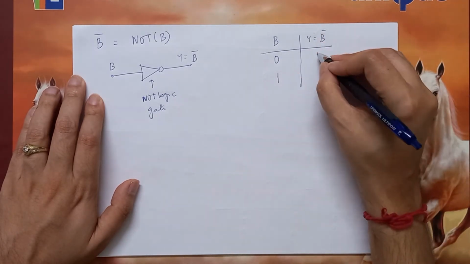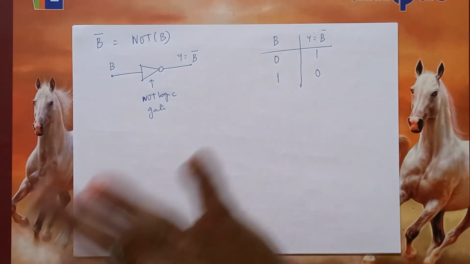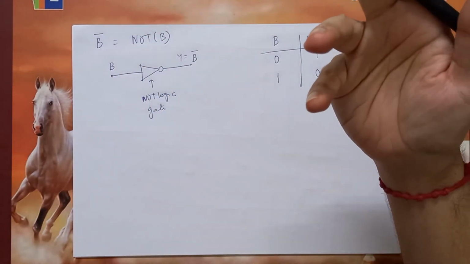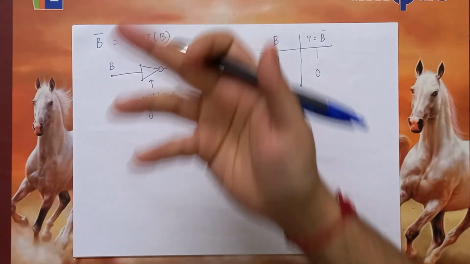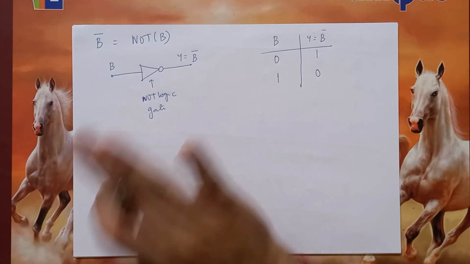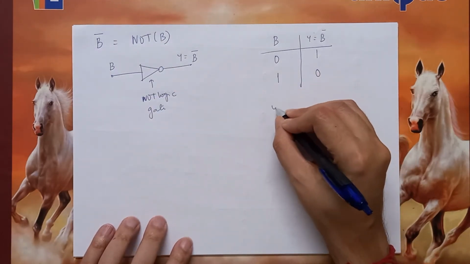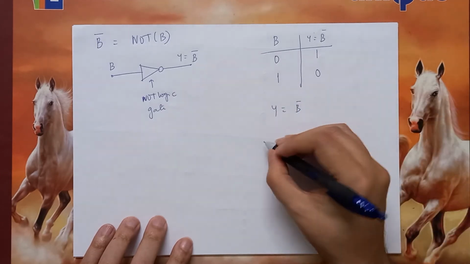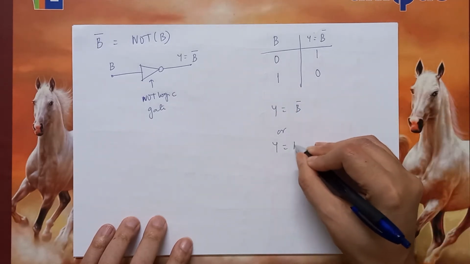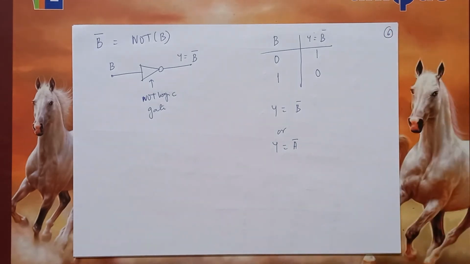Then B bar will be the opposite, which is 1 and 0. So it is the most simple logic gate you will come across. It is the gate which simply reverses the logic level. So in equation terms, I will say Y equals B bar, or if you have a single variable, I can say Y equals A bar.